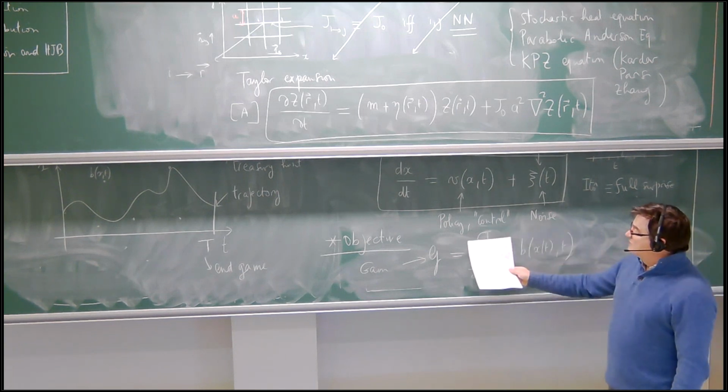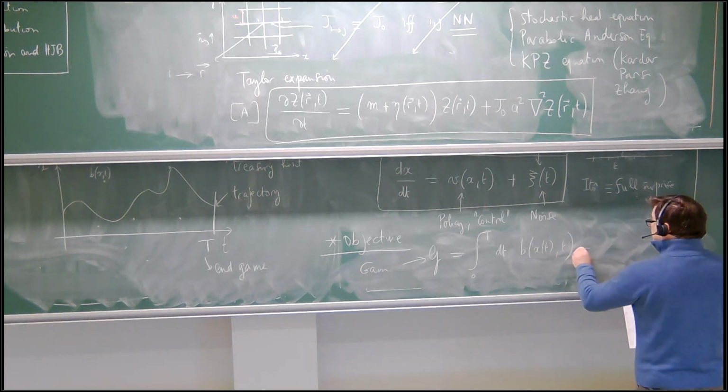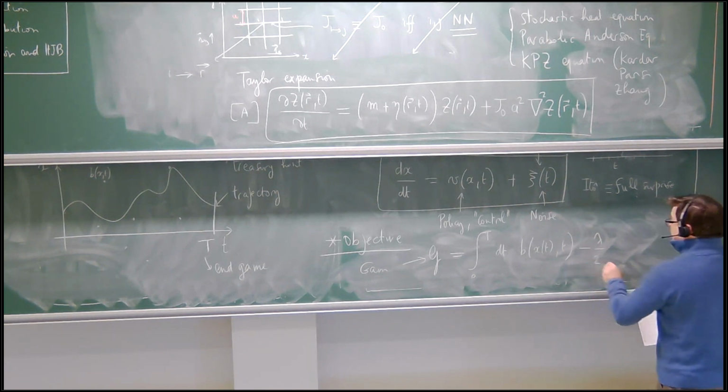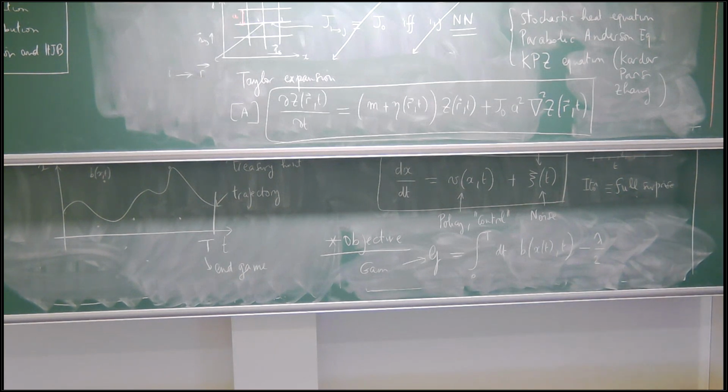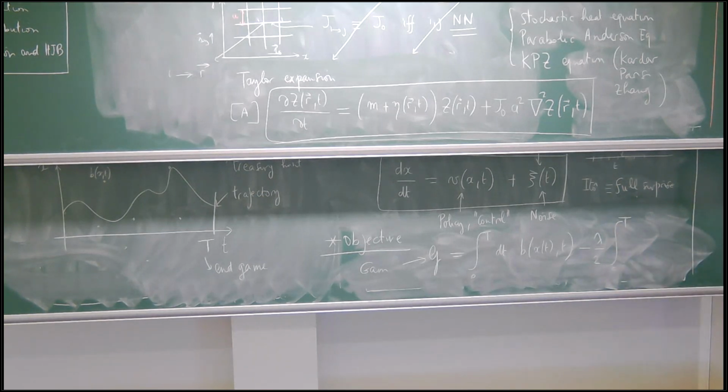So this is the total amount of bounties that you've been able to collect. And of course, you'd like this to be as large as possible. But as I said, the second problem on top of the noise is that you pay something if you want to bike hard, and what you pay, we're going to assume that it's proportional to kinetic energy. So integral dt v squared of x of t and t.